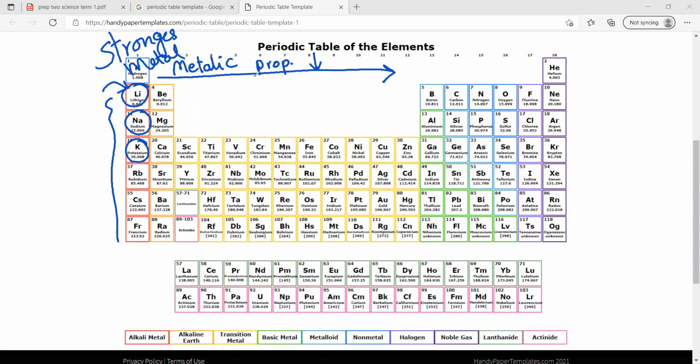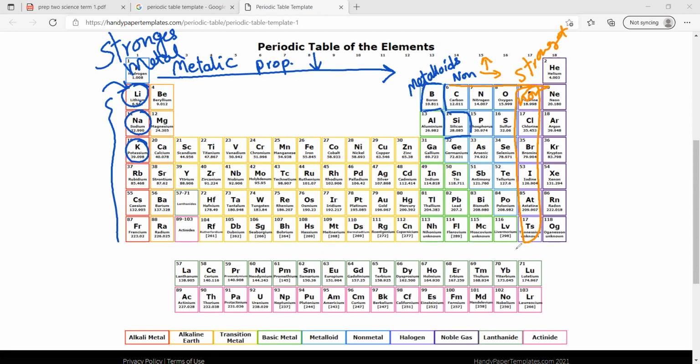Then the metallic property decreases until I reach the metalloids. There is no metallic property after that. Then the non-metallic property appears and it increases until I reach the strongest non-metal, group 7A or 17.